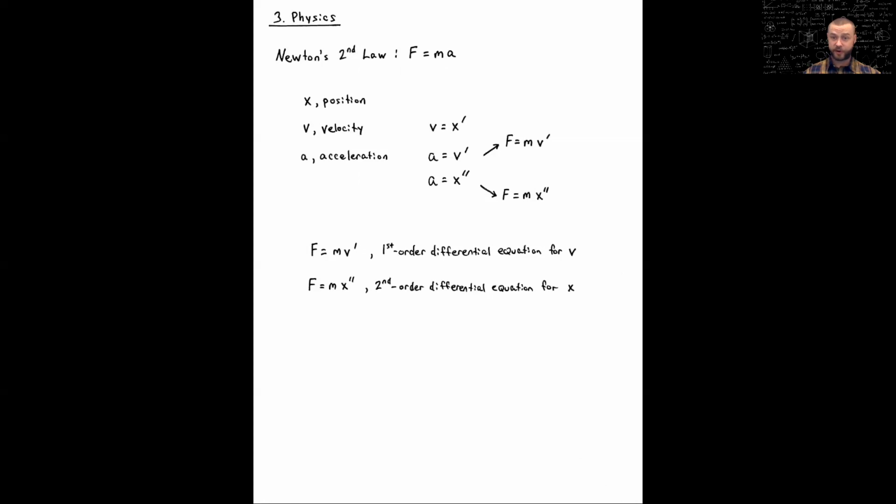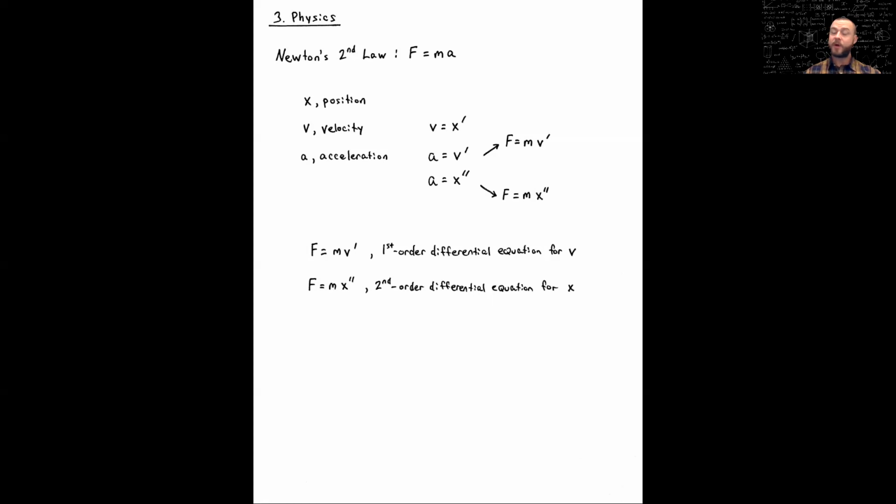The second version, replacing the acceleration a with x double prime, we get the differential equation F equals m times x double prime. That can be thought of as what we'll define as a second order differential equation for the position x.